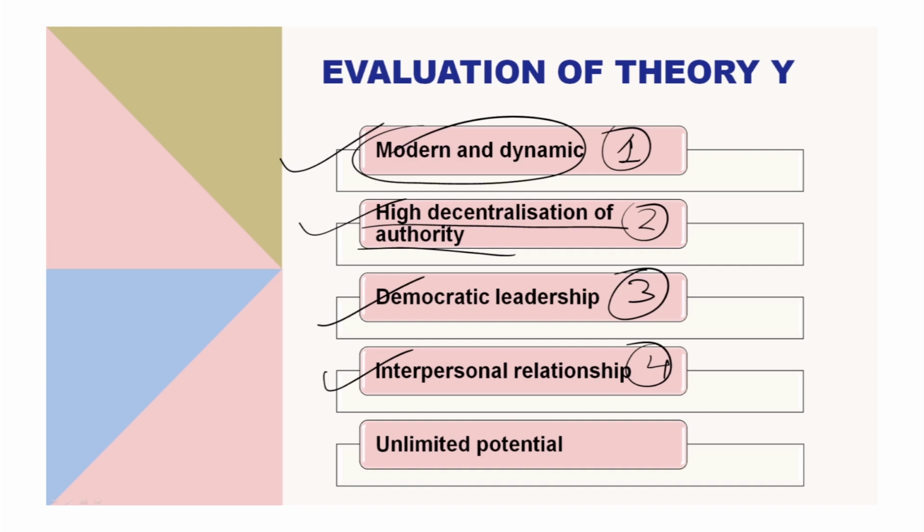So, ultimately it will enhance the efficiency. And the last one talks about the unlimited potential. We just discussed that the employees' efficiency or productivity is unlimited. The management should identify and judiciously use the potential of the employee.